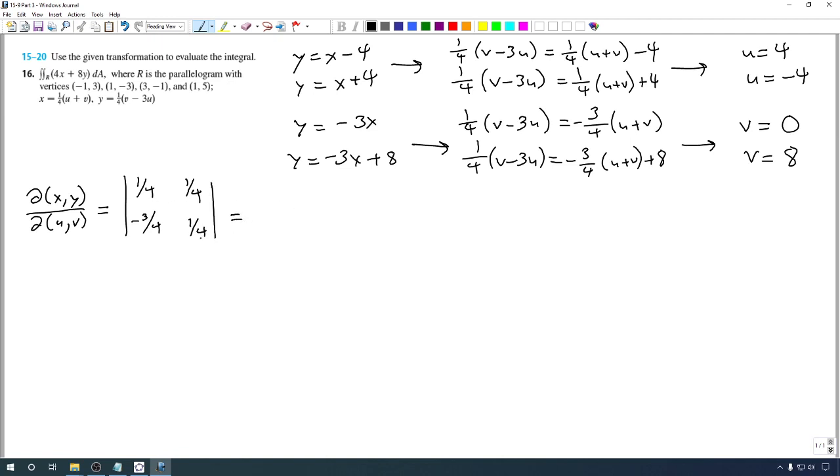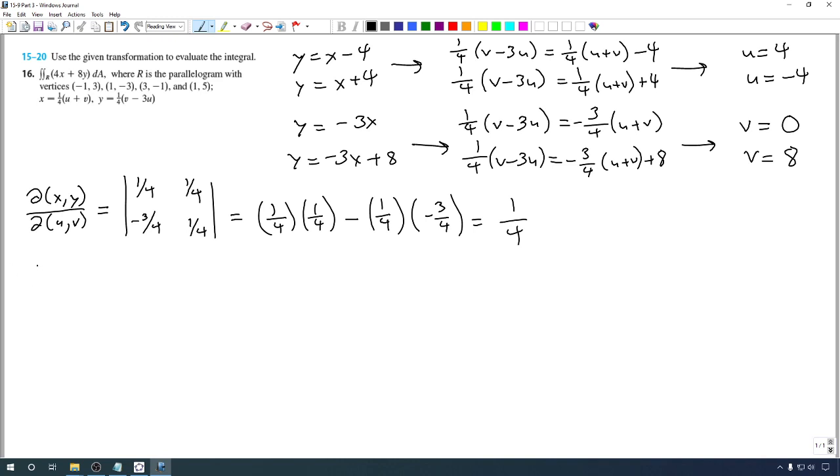If we go ahead and do our cross multiplication, if you prefer, we have 1/4 times 1/4, subtract a 1/4 times -3/4. Or in other words, we have 1/16 plus 3/16, or 4/16, which is 1/4. Our Jacobian is 1/4.